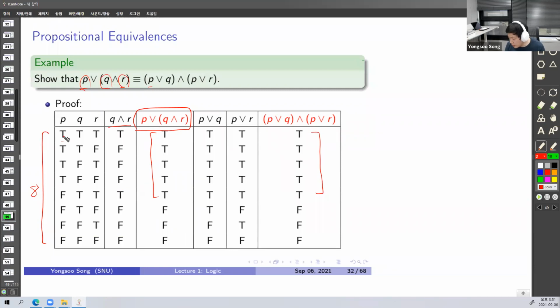And you can see that if P, Q, and R are all true, then this proposition is also true. So we already found one combination of P, Q, and R which makes this proposition true. In this case, this compound proposition is called satisfiable because there is one combination of P, Q, and R which makes it true.